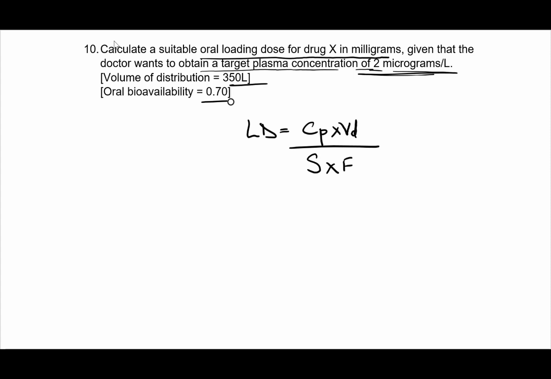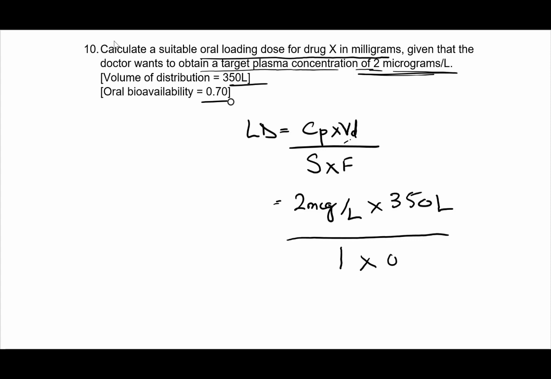So the target plasma concentration which we have to achieve is 2 mcg per liter, and the volume of distribution is already given, so we just plug it in the equation. It's 350 liters. As I said before, in the loading dose and also in the maintenance dose equation, we have to write the units for the plasma concentration because that's important. The salt factor is not given here, so we assume that it is 1, and bioavailability is given, which is 0.7.